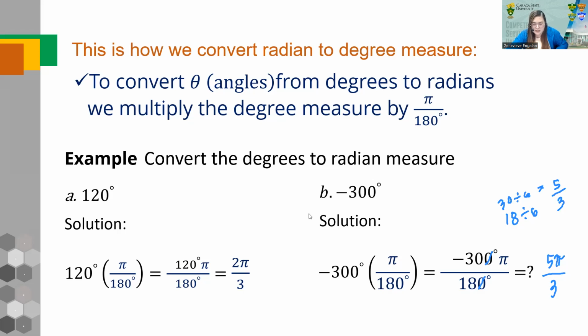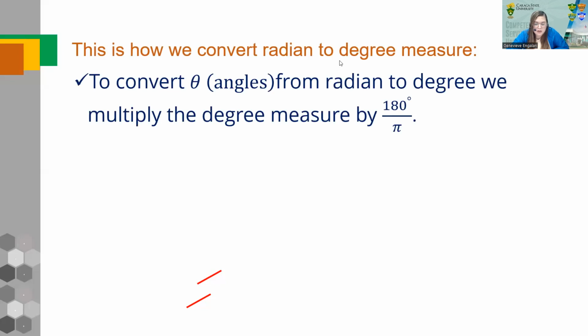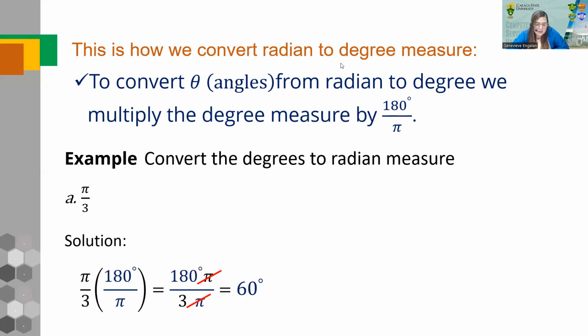Okay, so next. This is how we convert radian to degree measure. I hope you already know this because we discussed it last time, so this is just a review. Converting radian measure to degrees, we multiply by 180 over pi.